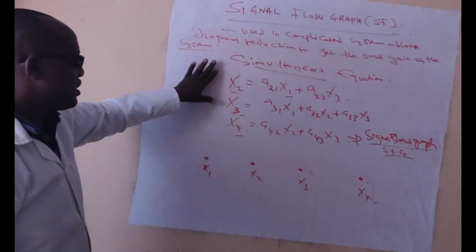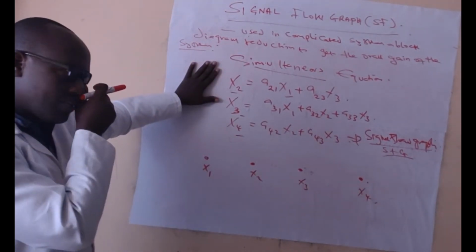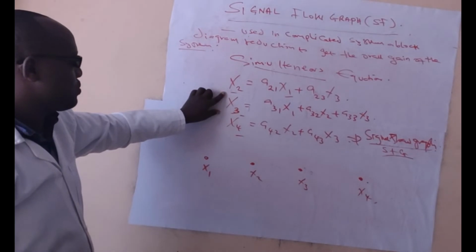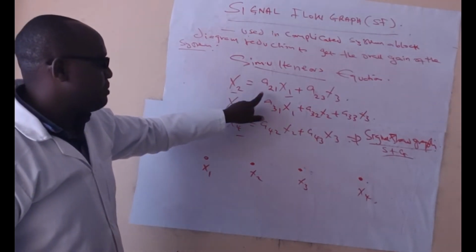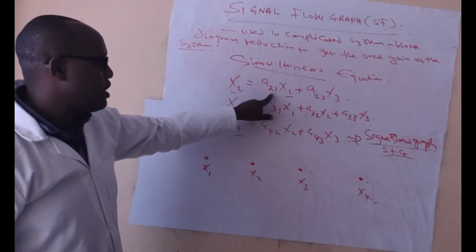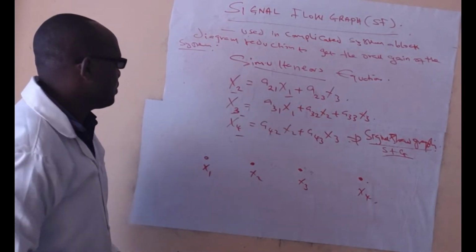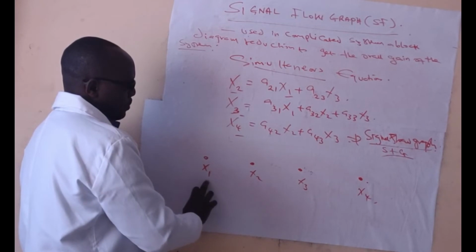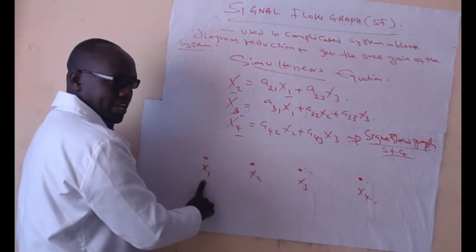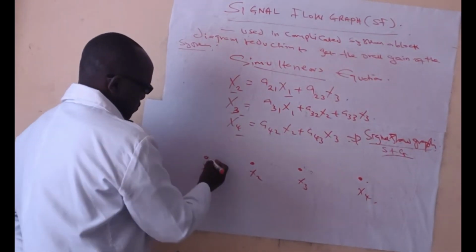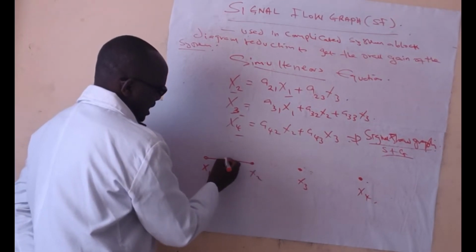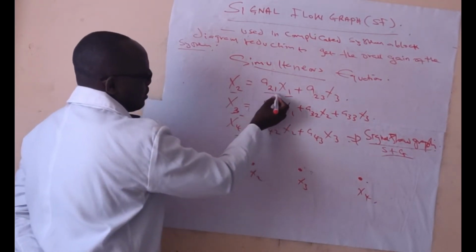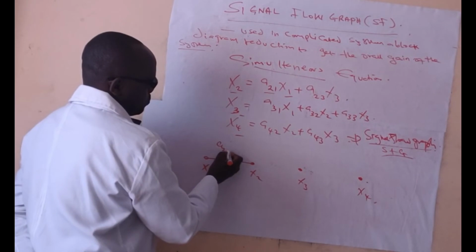So we can look at the first equation. The first equation tells us x2 is given by a21 x1. So x2 is coming from x1 with the gain of a21.